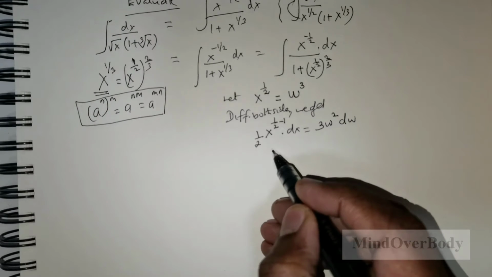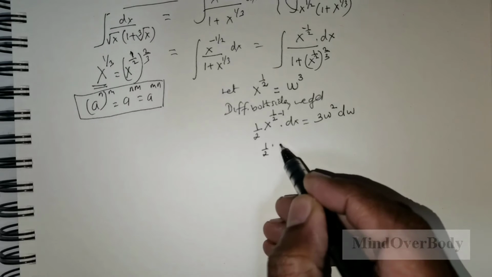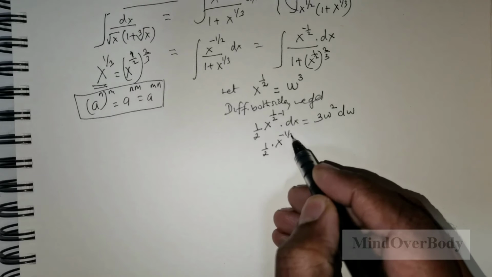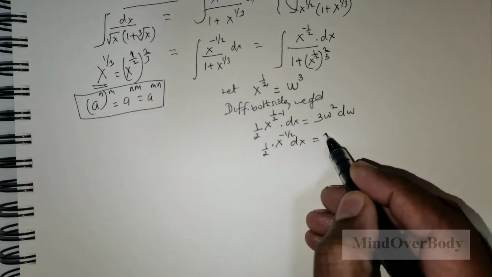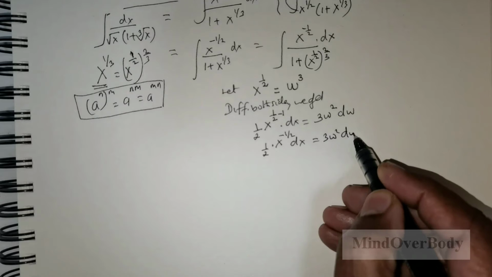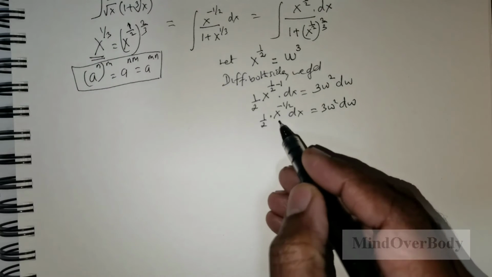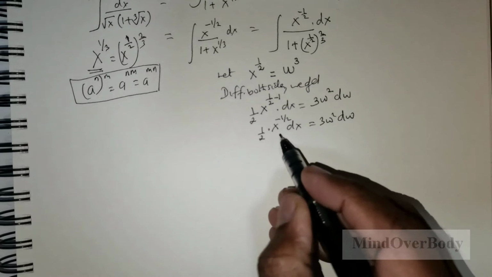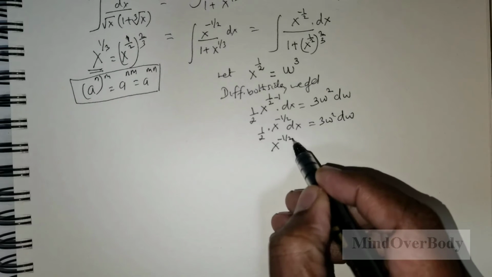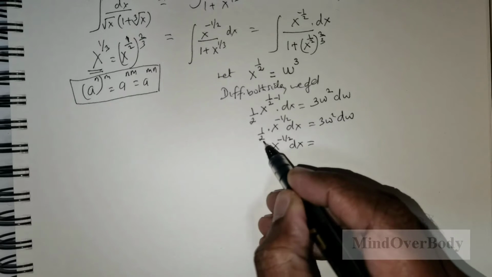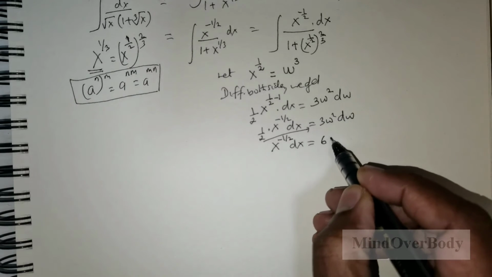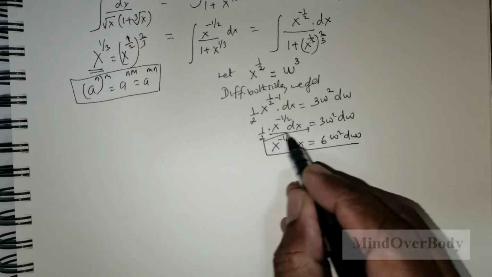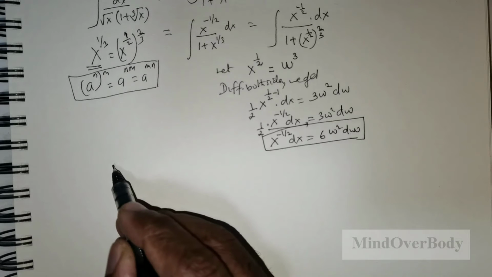Now the left side can be rewritten as 1/2 times x raised to the power half minus 1, which gives negative half, times dx, which is equal to 3 times w squared times dw. Now I've got x raised to the power negative half times dx in the numerator, so let me retain that and move this 2 to the right side. That would give me 6 times w squared times dw. So this is the substitution I would be making for the question.